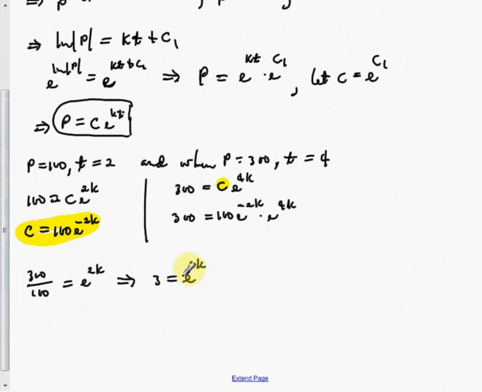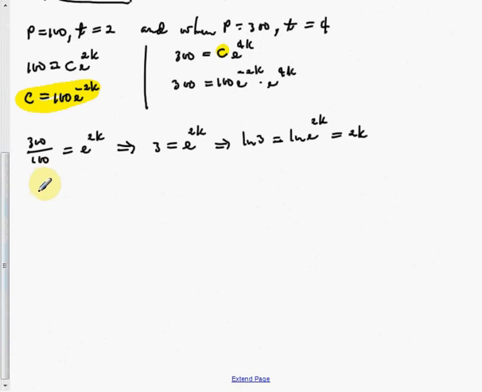Here I have an exponential form. Its opposite, its inverse, is the natural log. We take the natural log of both sides. So this implies that the natural log of 3 is equal to the natural log of e to the 2k. That just gives you 2k.